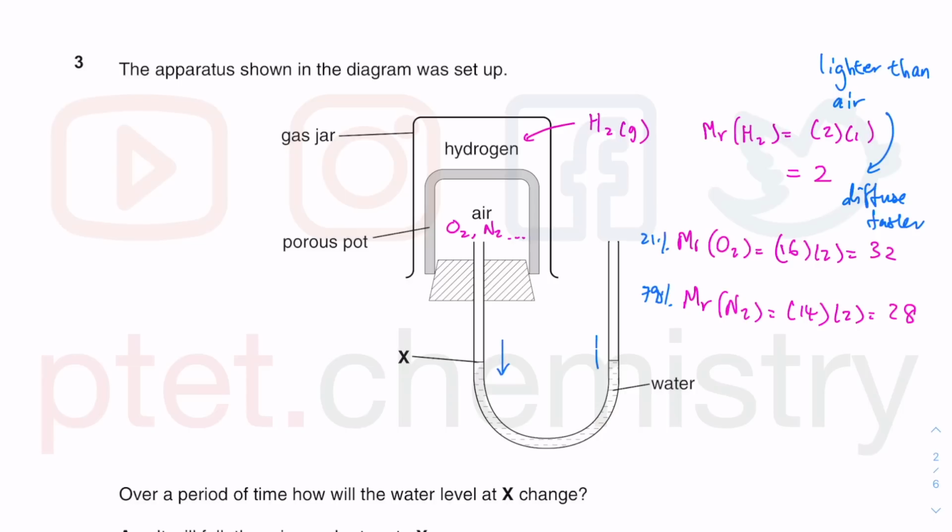That is because there is a change in pressure due to the number of particles. The more particles you have inside, due to the hydrogen being lighter, with a smaller Mr, it diffuses in through the porous pot a bit faster than the air could diffuse out. More particles push downward, so this gets pushed upward.